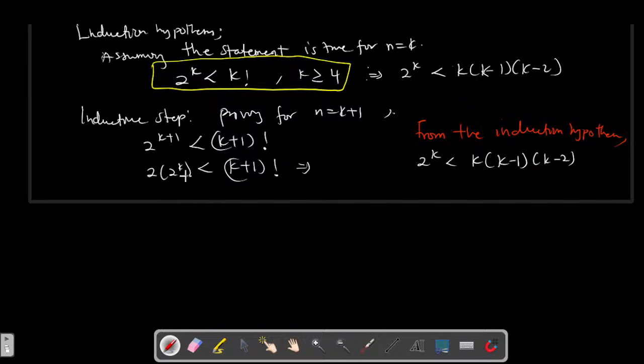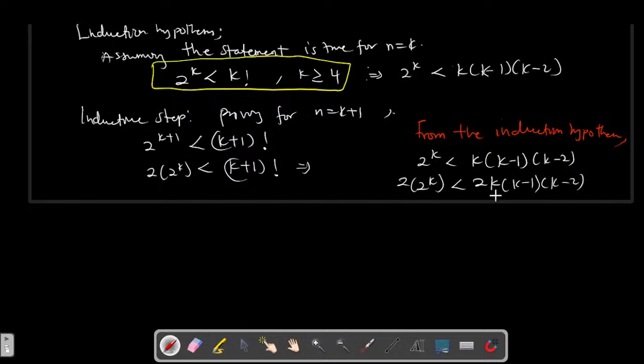Now, how do we then compare this? This is 2 times this. So we can multiply our induction hypothesis by 2. So I'll have 2 multiplying 2 to the power k less than 2 multiplying the expression k multiplying the expression k minus 1 multiplying the expression k minus 2.